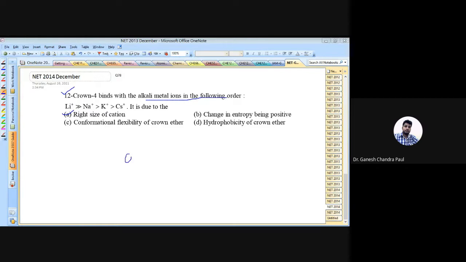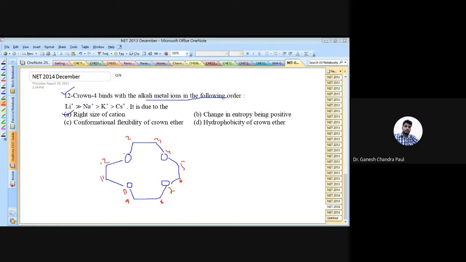Yes. So if we just try to draw the structure of 12 crown 4 ether, it is like that. So 1, 2, 3, 4. 1, 2, 3, 4, 5, 6, 7, 8, 9, 10, 11, 12.